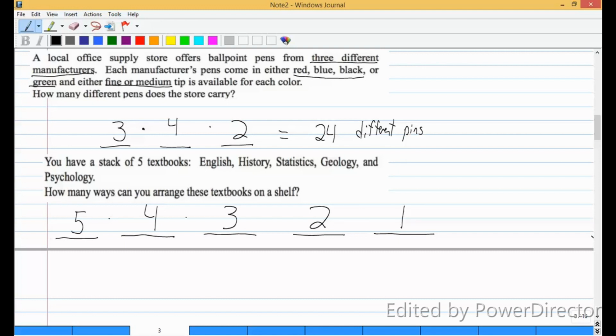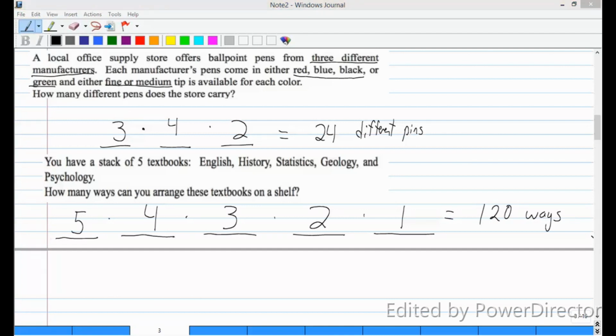So the possible number of ways to arrange 5 textbooks comes out to be 5 times 4 times 3 times 2 times 1, 20 times 6, that's 120. So there are 120 ways that you can arrange those 5 textbooks.